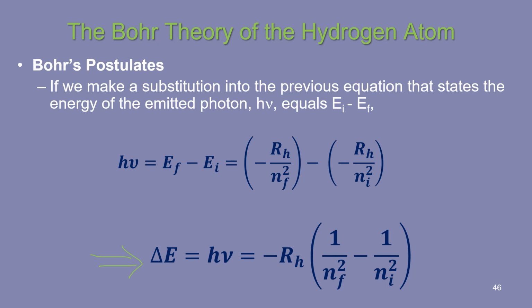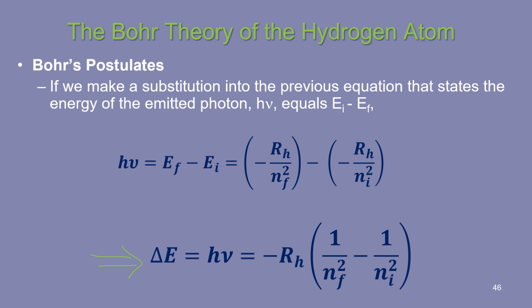So again, the change in energy equals h nu, and delta E is negative R_H, which is that constant, I can't remember it off the top of my head, times the quantity 1 over n final squared minus 1 over n initial squared. Do be careful with your fractions. You have to do that division first, and then subtract the numbers.